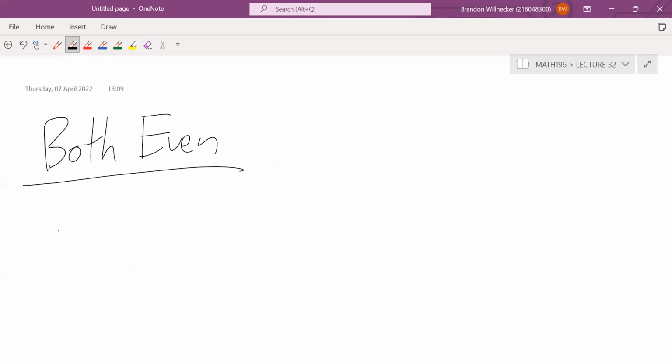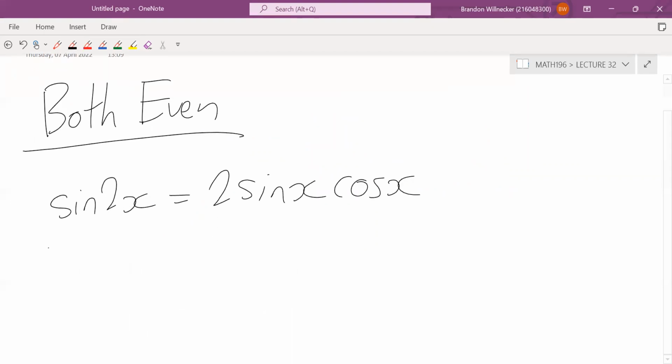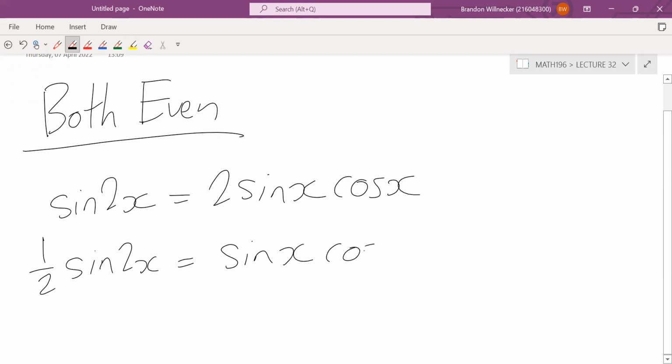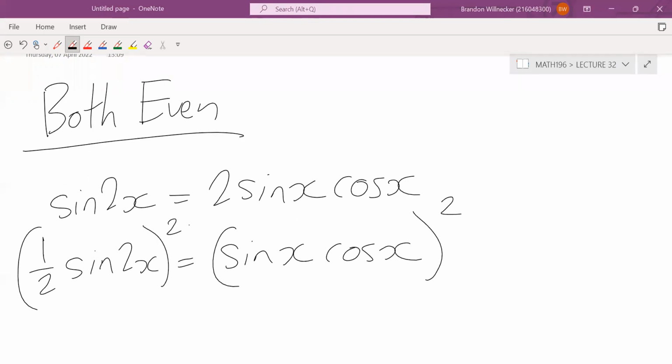Just remember that sine 2x is equal to 2 sine x cos x. So 1/2 sine 2x is equal to sine x cos x. Now you can take this and you can square it if you want to. You can raise it to the 4th power and so on. Okay, so that's what you do if they're both even.